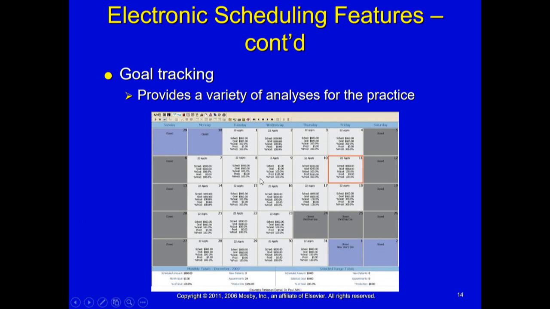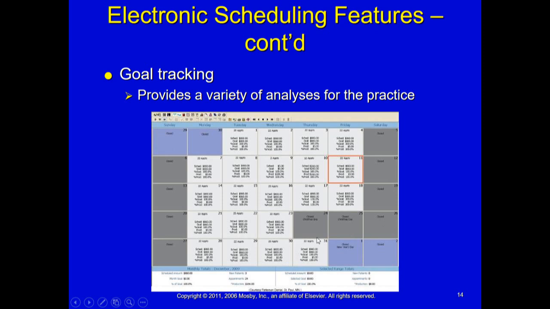So if you look at this one that's highlighted, it's really hard to see in the PowerPoint, but $960 worth of work is scheduled, and that's the goal for the day, which means it's at 100%. It's already completely filled. Some other offices that you might look at will give you, like, the day is 90% filled and there's 10% worth of appointments that are still open.